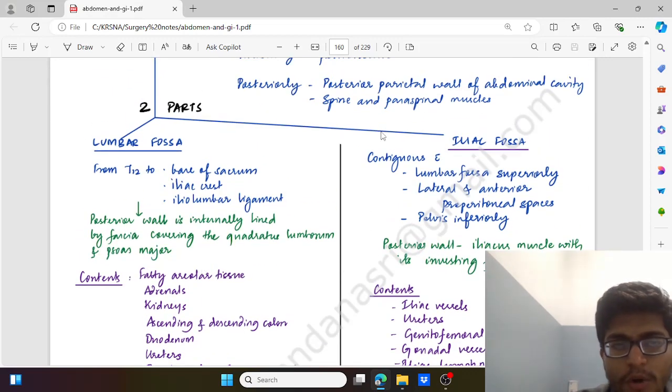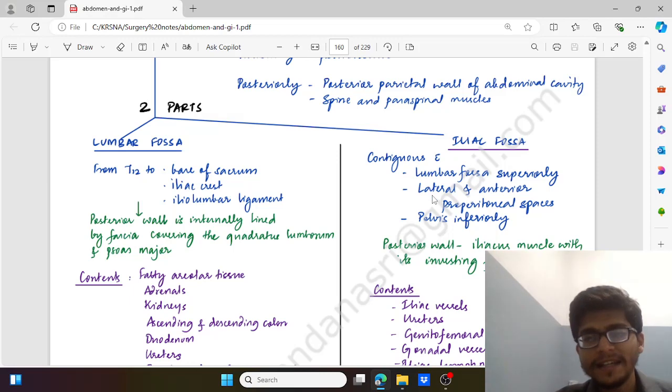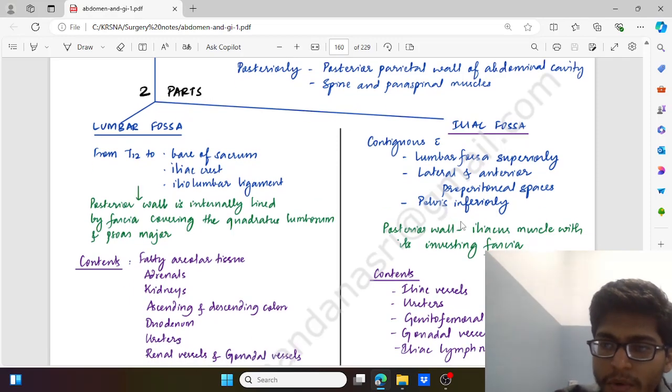Considering the lower part, which is the iliac fossa, it is continuous above with the lumbar fossa superiorly, and anteriorly are the preperitoneal spaces and the pelvis inferiorly. The posterior wall is formed by the iliacus muscle with its fascia.